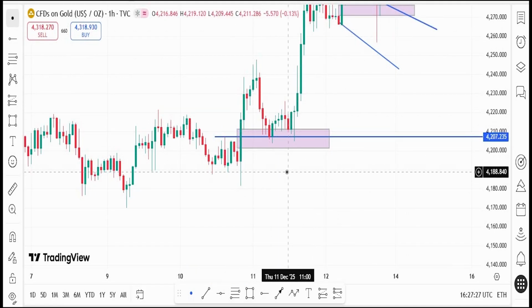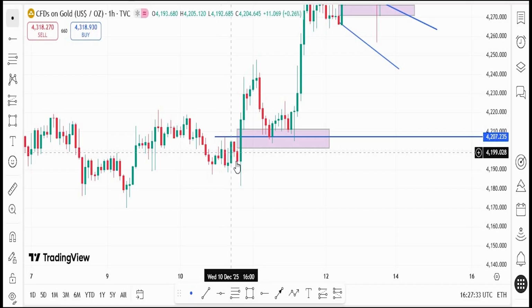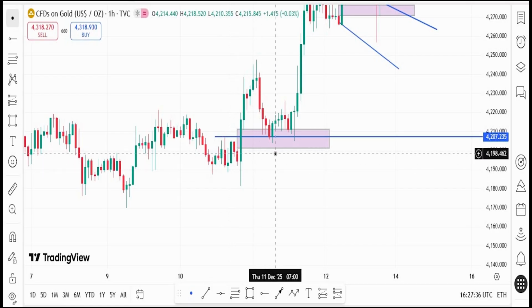And we can see how the market has reacted to this fair value gap, which was in front of a high and which was in the discount area of the uptrend. Now let me take you to the downtrend scenario and show you how these fair value gaps work in the premium area as well.